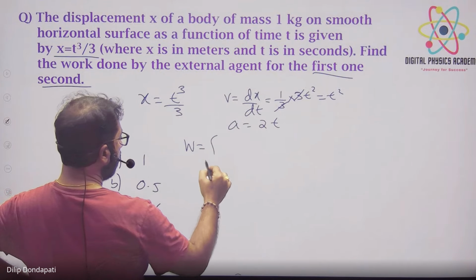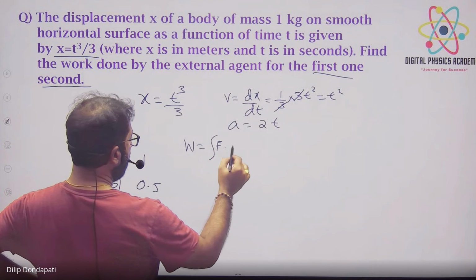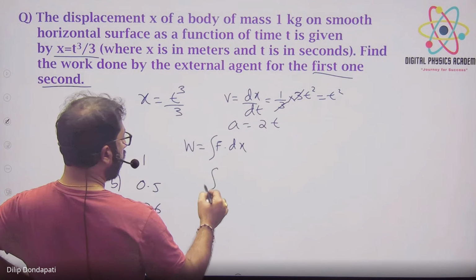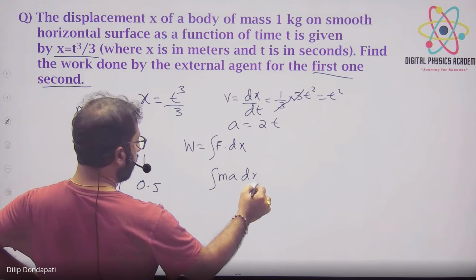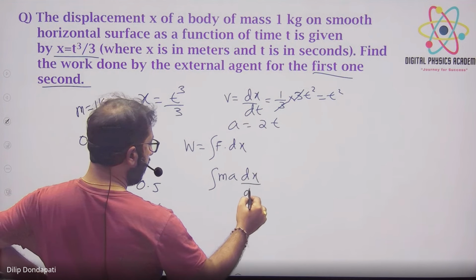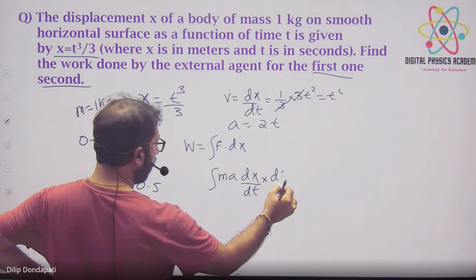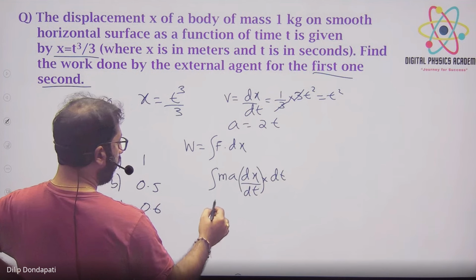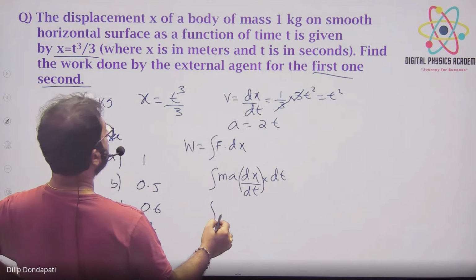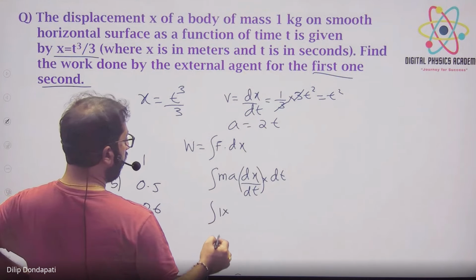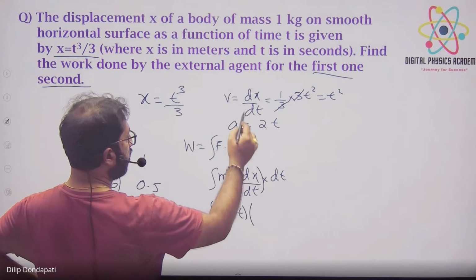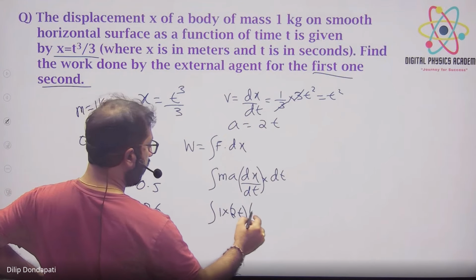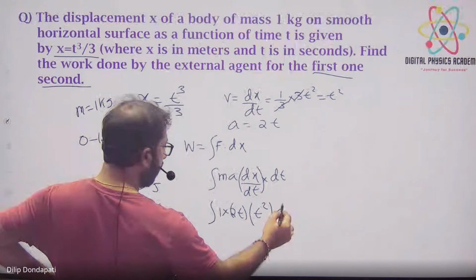The formula is closed integral F dot dx, so force and displacement are in the same direction. Force is ma, which is 2t, into dx, so I am multiplying and dividing by dt. Integral m is 1 kg, into a is 2t, into dx by dt is nothing but velocity, t square, into dt.